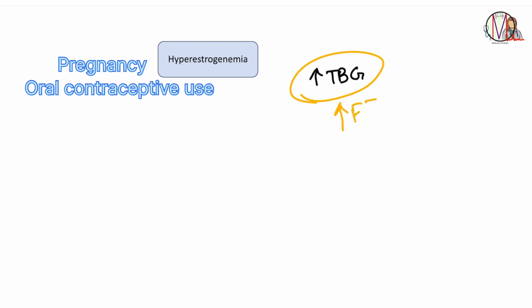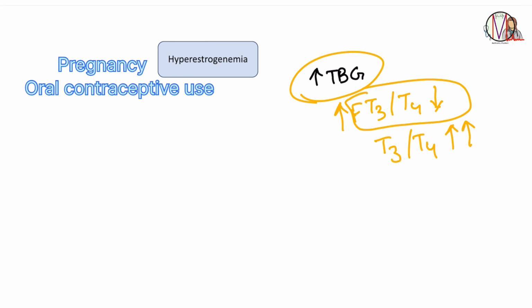In this, due to increased TBG, the levels of free T3, T4 will decrease because most of the T3, T4 is bound to this TBG. Therefore, free T3, T4 will decrease in serum, because of which the thyroid gland will think, oh, there is not enough T3, T4, let's make more. Therefore, increasing thyroid hormone synthesis.